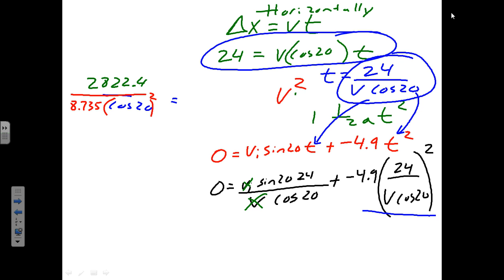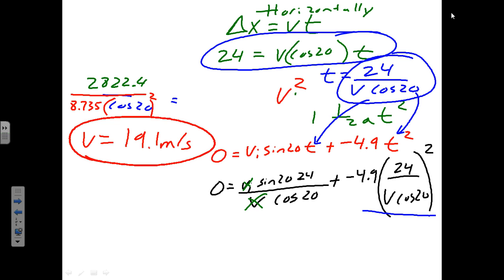But that's equal to the square of v, so I need to take the square root of 365.9 something. And what I end up with is my velocity equals 19.1 meters per second. That's the minimum velocity the guy can leave the ramp at and still make it to the other side.